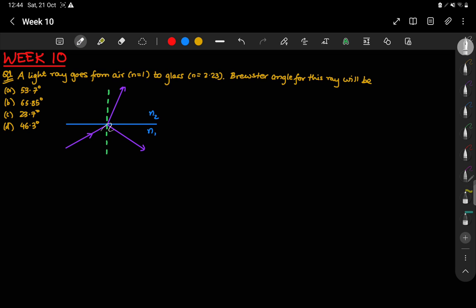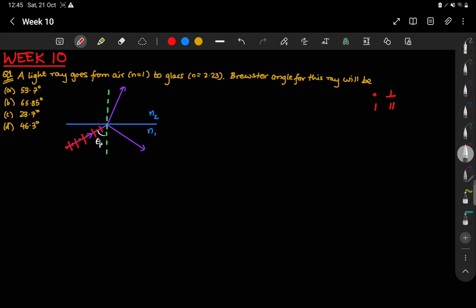Now, if this incident ray is at the Brewster's angle theta p, then something interesting happens. And what happens? Let us see. So if we have an incoming unpolarized beam, that means it has polarizations varying randomly in all directions, and the nomenclature is that this dot represents polarization perpendicular to the plane of incidence, and this line represents polarization parallel to the plane of incidence.